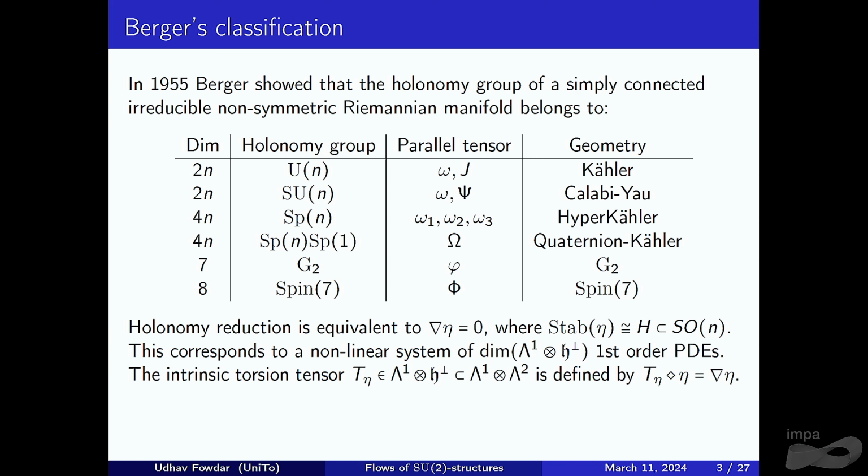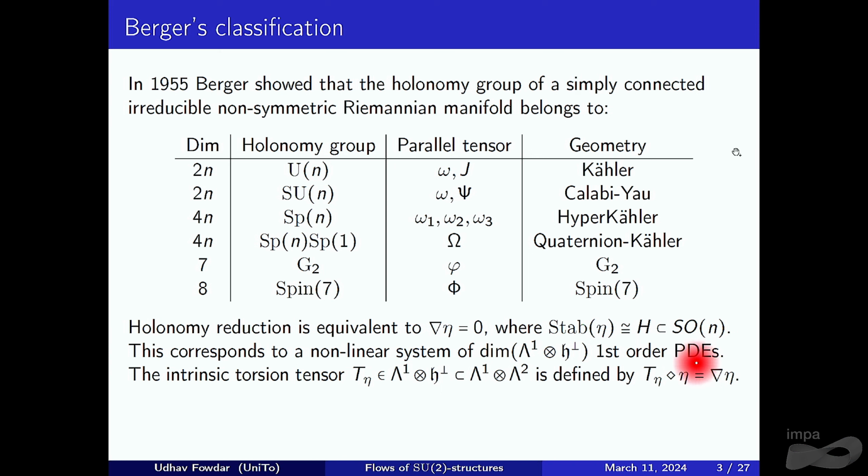So remember, the holonomy group is a subgroup of SO(n). So as a Lie algebra, the holonomy algebra sits inside the space of two forms, and the complement is precisely inside the space of two forms here. And in this talk, I would always like to think about the intrinsic torsion as a tensor, as a one form, which takes values in a certain subbundle in the space of two forms. So H-perp is just a complement of the holonomy algebra, and I would like to define it implicitly by this relation here.